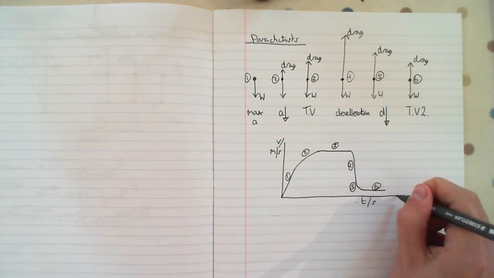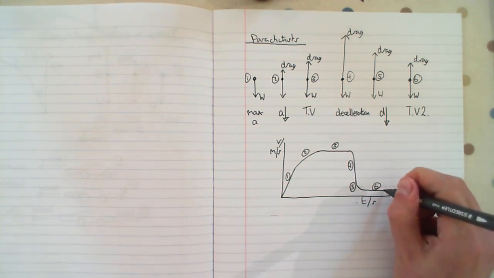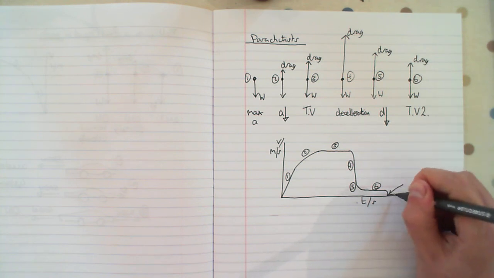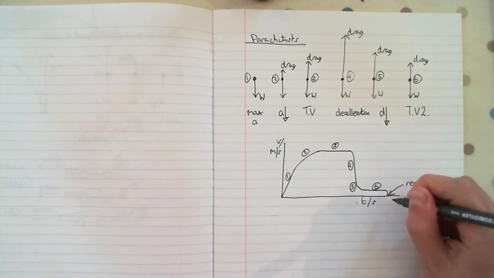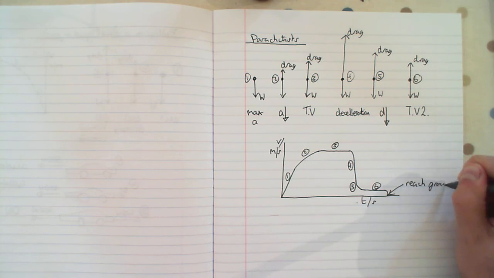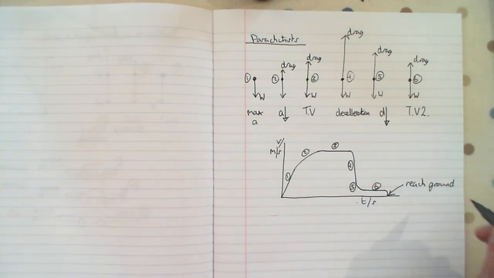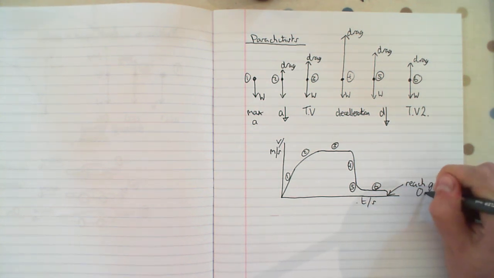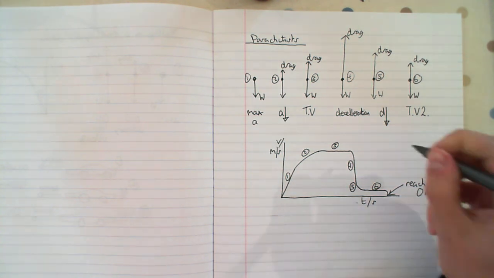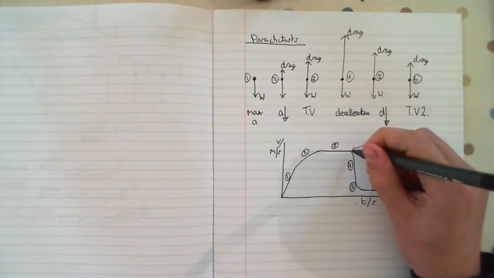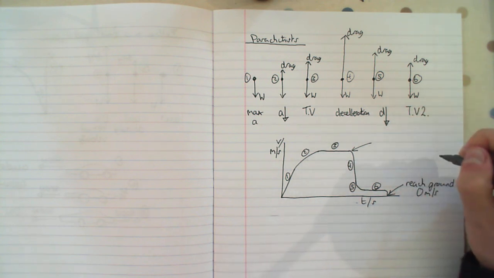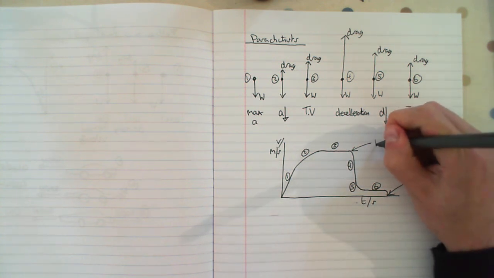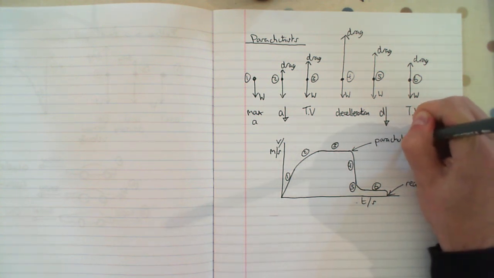Then the very last thing that happens to a parachutist is they reach the ground, so the velocity is 0. So the velocity suddenly goes to 0, reach ground, so 0 meters per second.